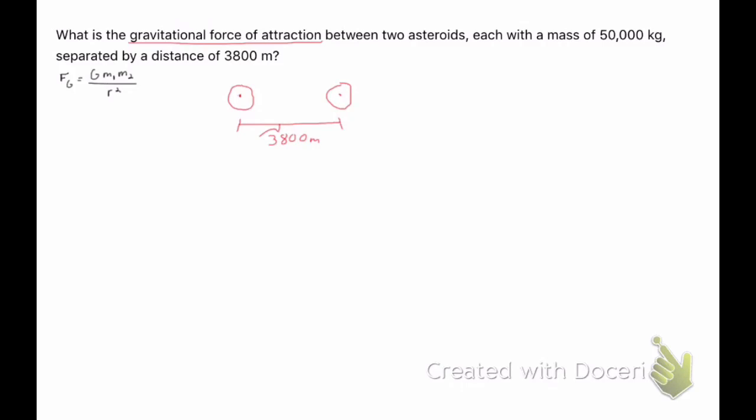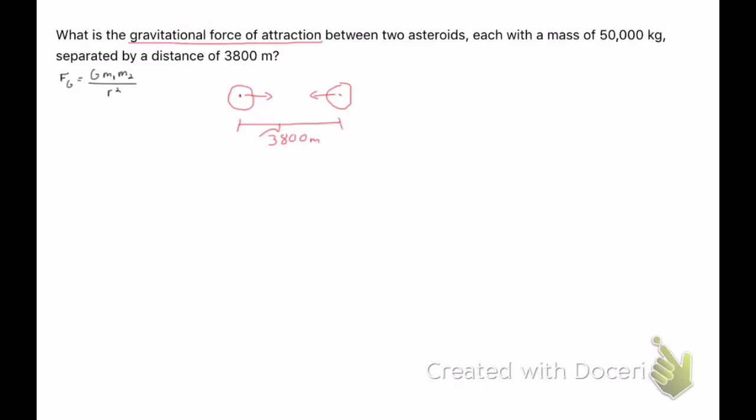Now, each of them is going to have a force, so we're going to have a force vector going this way and a force vector going that way, and we're trying to see what that force G is. What's that gravitational force? It's basically just putting the information into our equation and solving for Fg.